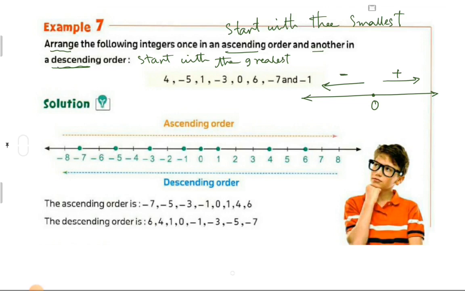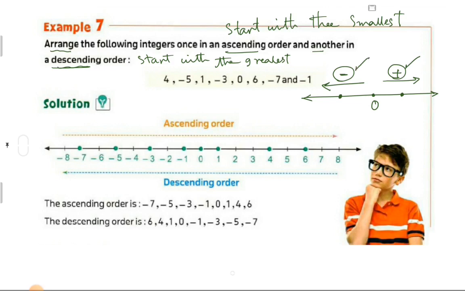All positive integers are greater than negative integers, because positive integers are to the right of 0 and negative integers are to the left. Always, to the right is greater than to the left.